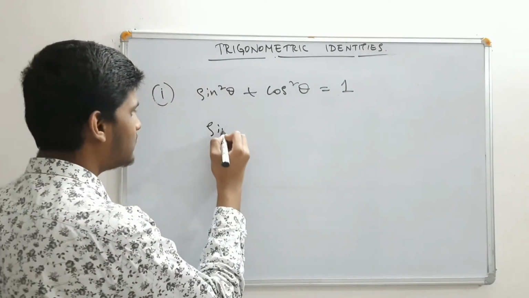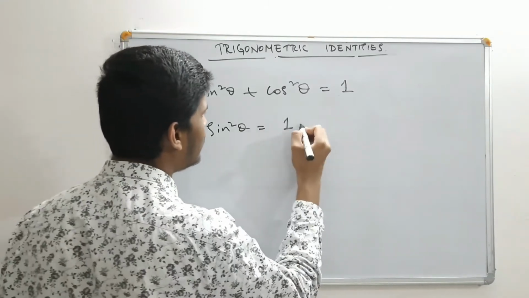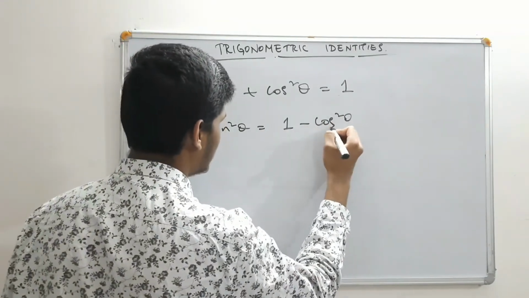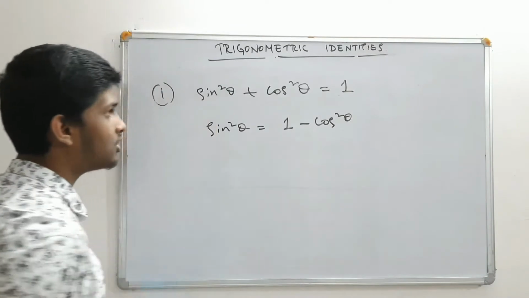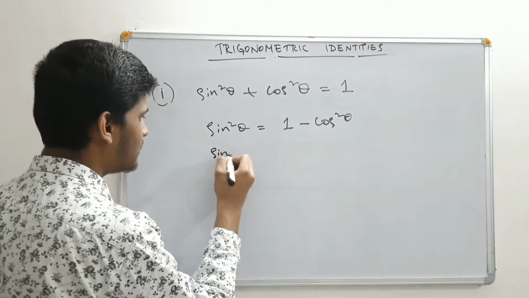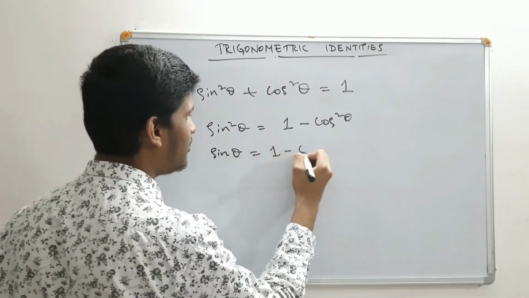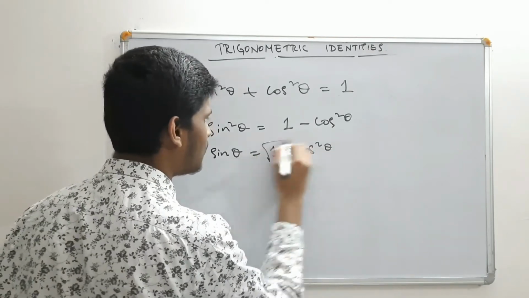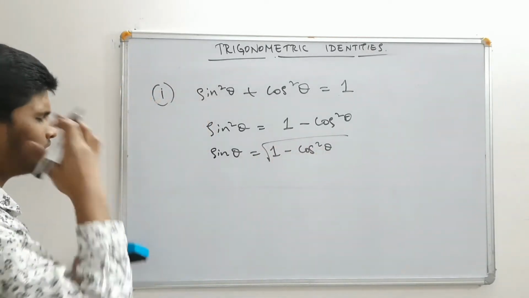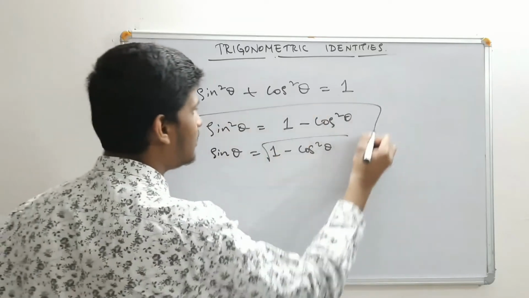Now I want sin square theta. What is sin square theta? 1 minus cos square theta, sending this to the other side, LHS to RHS. If you want sin theta, what is sin theta? Square root of 1 minus cos square theta. So this is one.